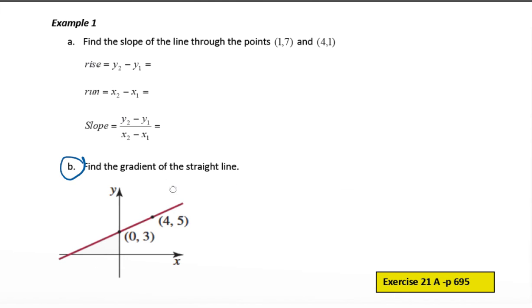They've given it to us graphically, so we have 2 options. The first option is to draw that triangle in that we looked at before, and then find the rise over the run. The other option is, of course, to write out our 2 coordinates and find the gradient there. So what I'd like you to do now is pause your video and figure out what the gradient of that is, and then resume it once you're ready.